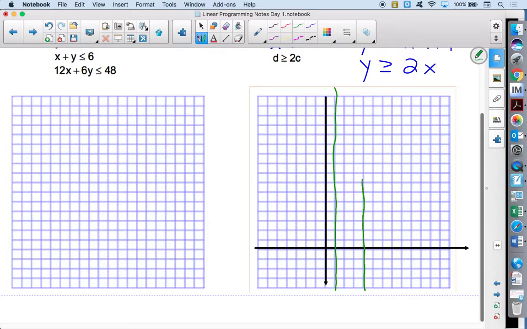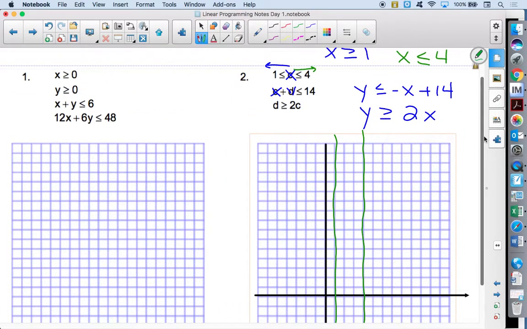So vertical line. Now, if you don't want to shade everything, that's fine. But if x is greater than 1 and less than 4, I'm in between these two lines. So my solution is going to be somewhere in between these two lines. So if you want to shade that, you can, so that you know your solution should be in there. If you don't need to shade it, that's fine.